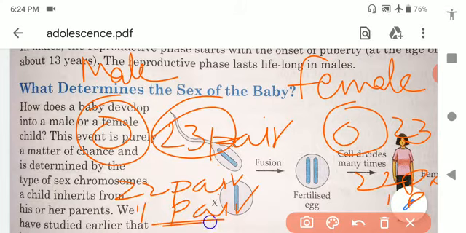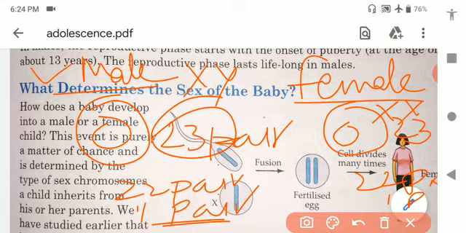What is the main difference in that one pair? In male, the last pair is called XY chromosome, and in female the last pair is called XX chromosome. Understood? So what have you observed over here?